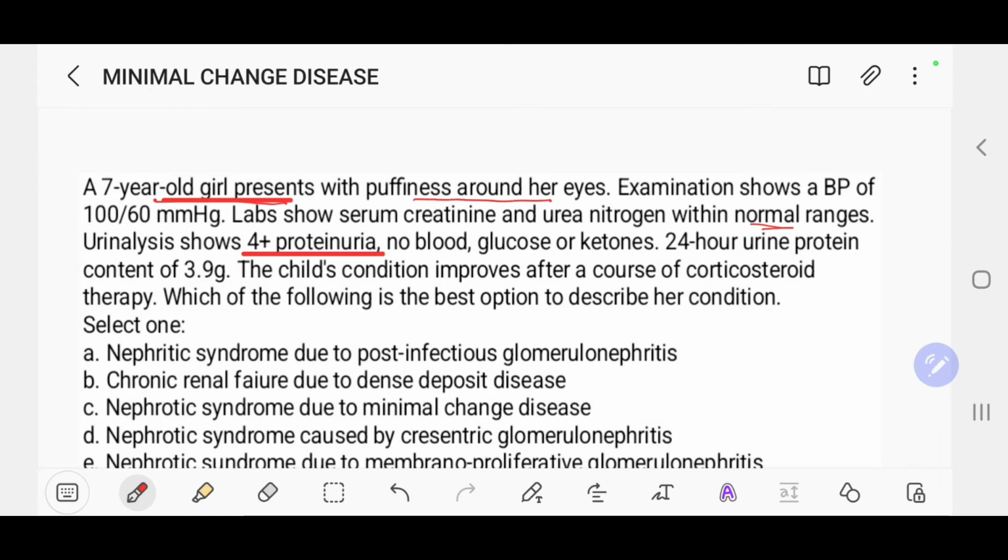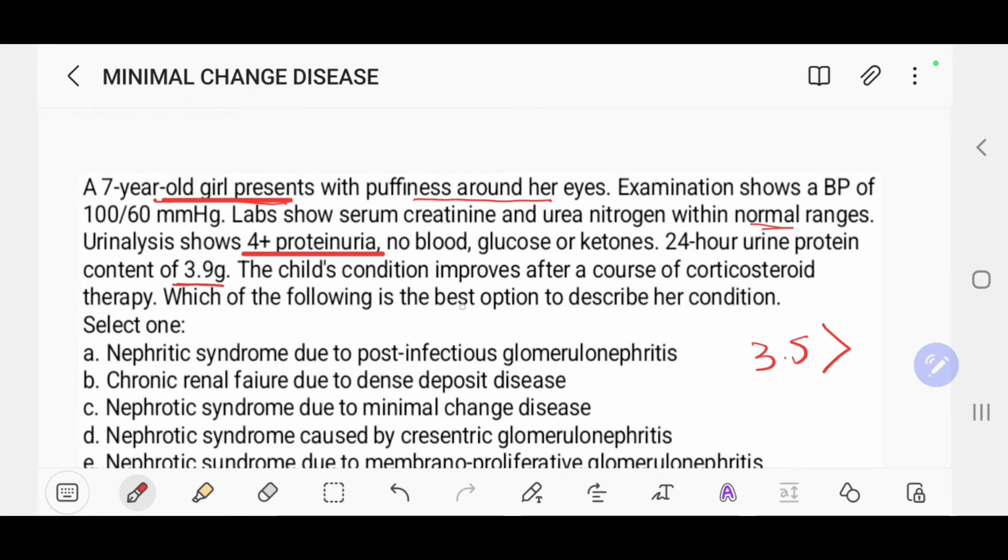From this I get that this is nephrotic syndrome. No blood, glucose or ketones in urine, only proteinuria, which is 4 plus. The 24-hour results show 3.9 gram proteinuria, which is greater than 3.5.